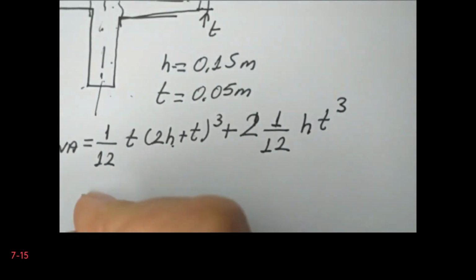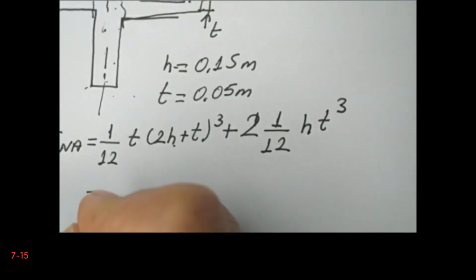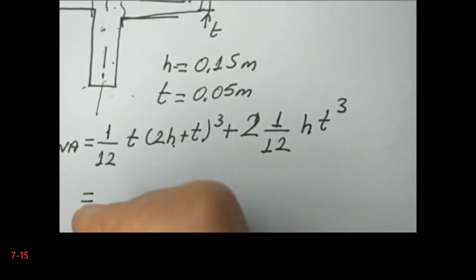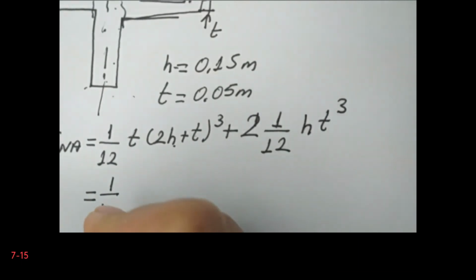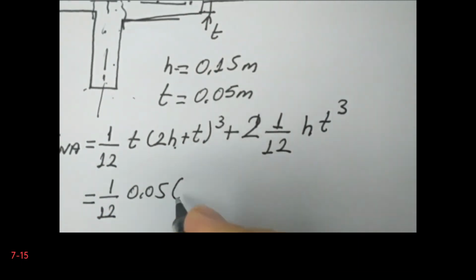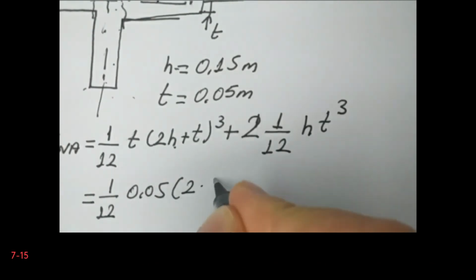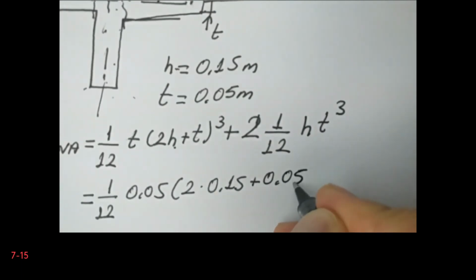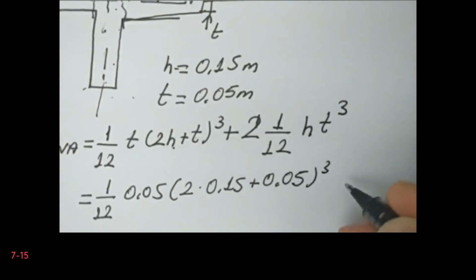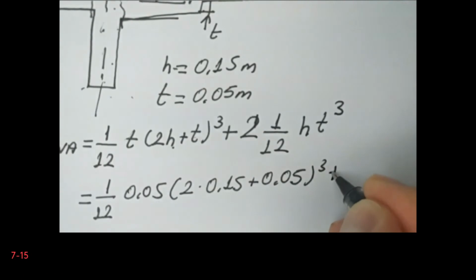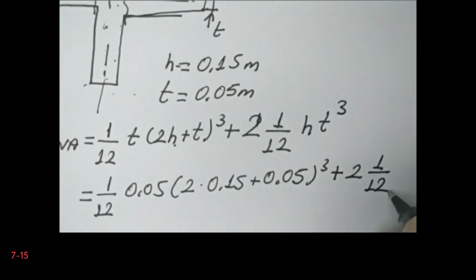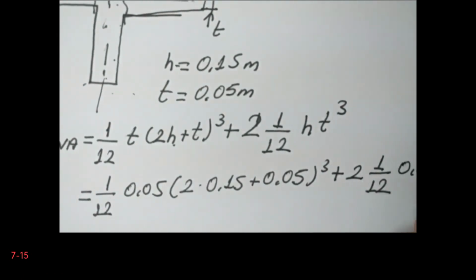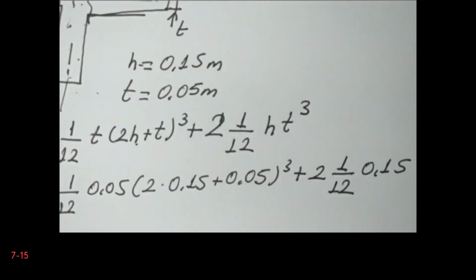So if you put the values, it is 1/12, t is 0.05, (2 multiplied by 0.15 plus 0.05) to the cube, plus 2 times 1/12, h is 0.15 and t is 0.05 to the cube.